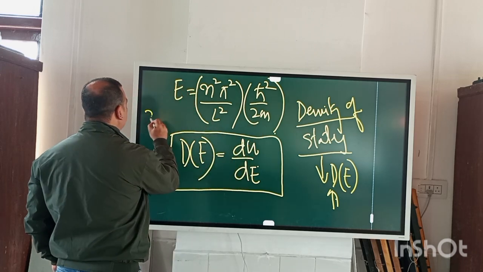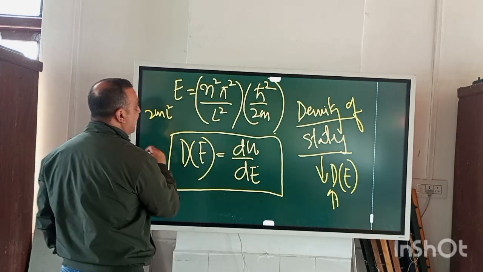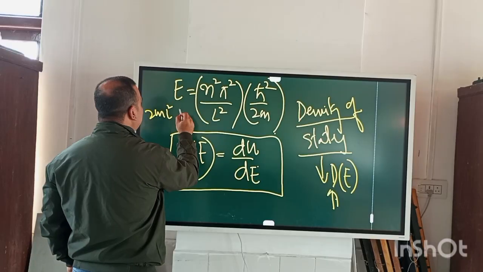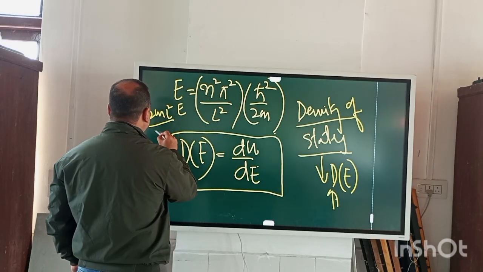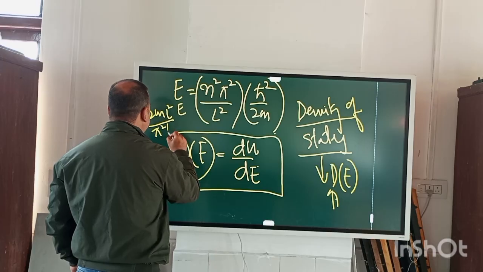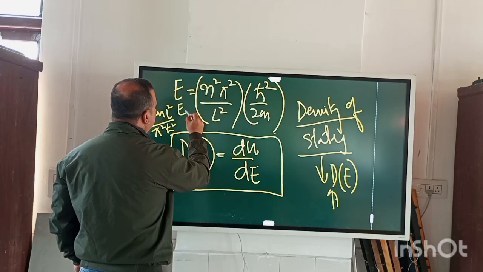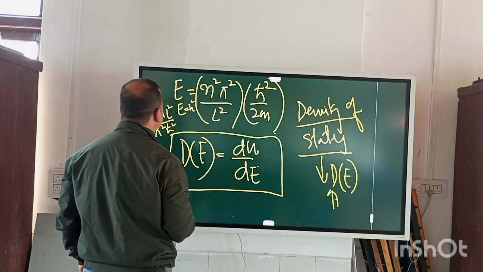2mL square will go up, and E will be here, and pi square h bar square will be in the denominator. On the right hand side you have n square.